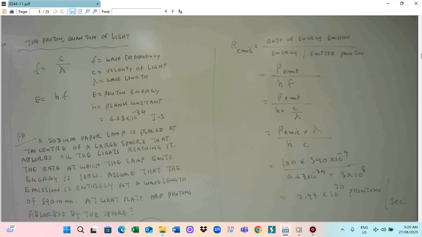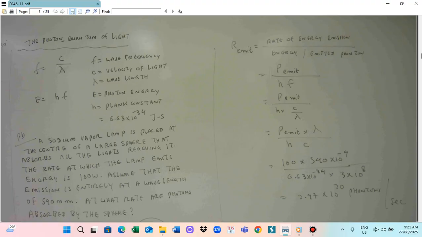Frequency f is equal to c divided by lambda, where f is the wave frequency, c is the velocity of light, and lambda is the wavelength.